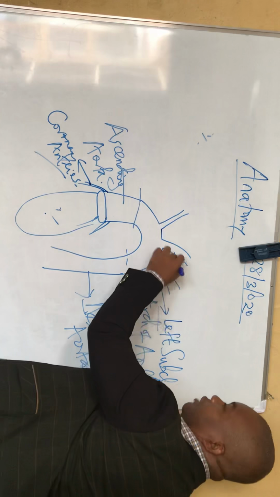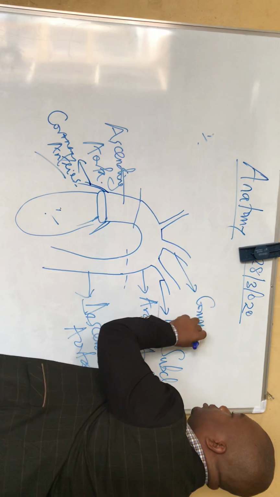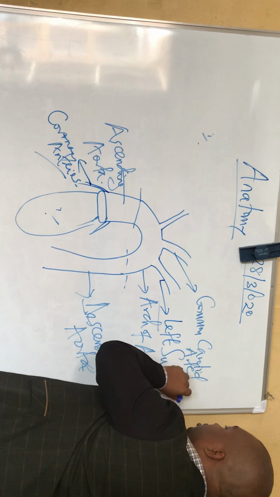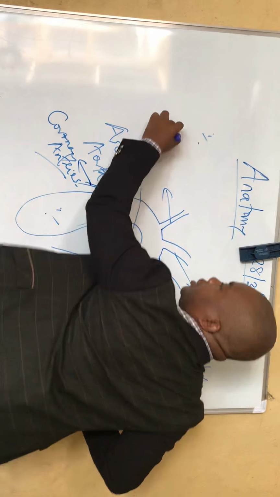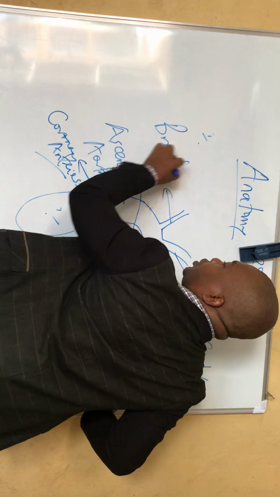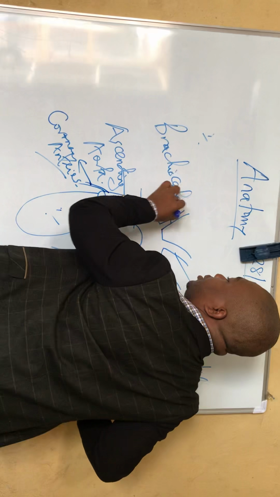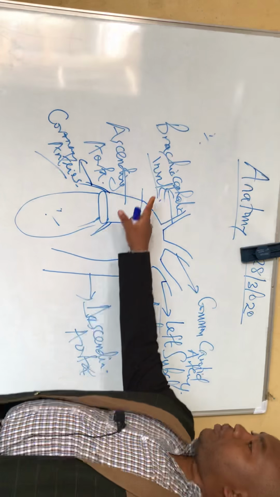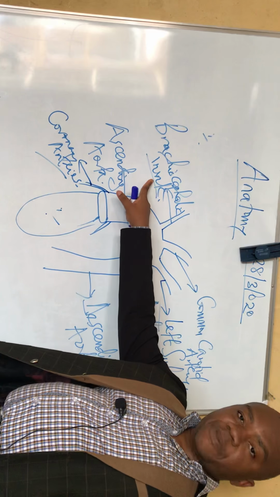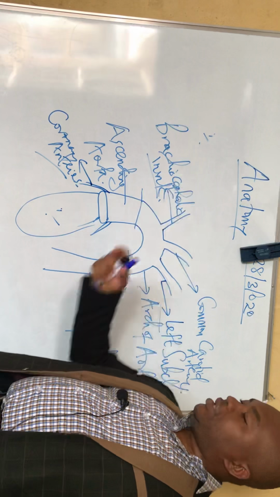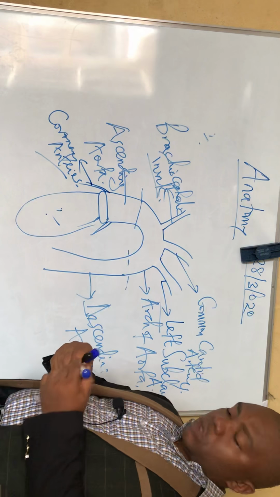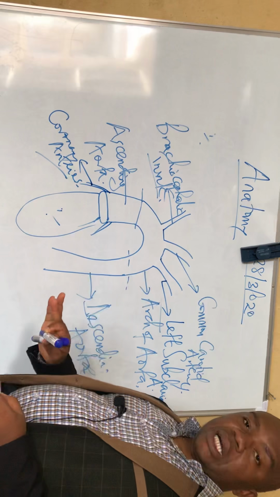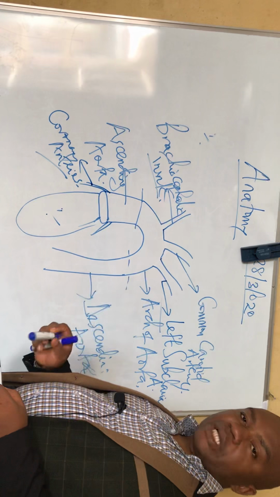Whenever we make mention of a trunk, just expect that there will be other branches coming out of it, because we'll meet about three trunks while I describe the arterial supply to the pectoral girdle and upper limb.